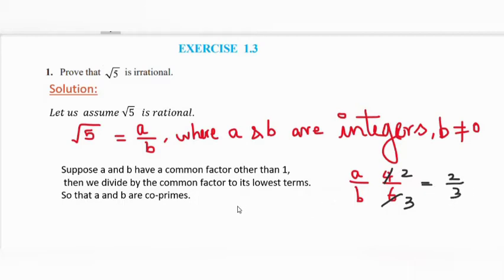The same way, if a and b have any common divisors, that is a common factor, we can reduce it to the lowest terms, and we can see that 2 and 3 are co-primes. They don't have any other common factors, isn't it? So this kind of values are called co-primes. So this is how we are converting the numbers to co-primes.